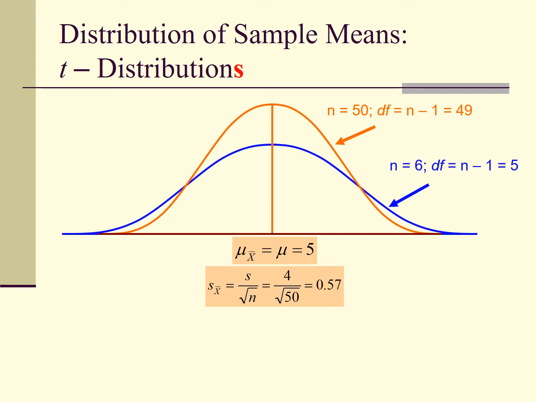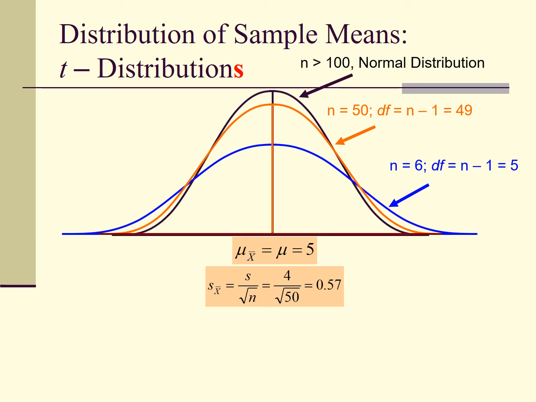When we have other samples, for example, another sample with 6 people, then the degree of freedom, n minus 1, is 5. The estimated distribution is wider or flatter. In other words, the standard error is bigger.